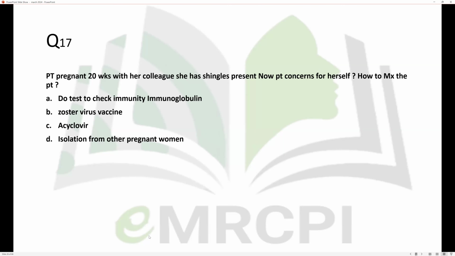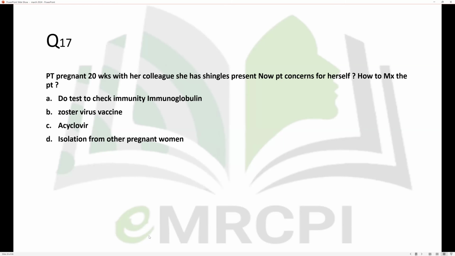What do you think? Yes, the new guideline. I agree with you that the new guideline says that the post-exposure prophylaxis would be acyclovir instead of the immunoglobulins, right? And the immunoglobulins will be given if the acyclovir is not available or not suitable for this woman, right?